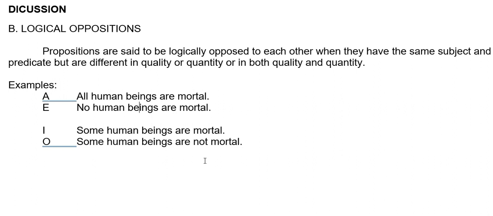So they differ in quality, but not in quantity. Take note that two propositions are opposed to each other only if they differ at least in quantity or in quality, but they have the same subject and predicate.